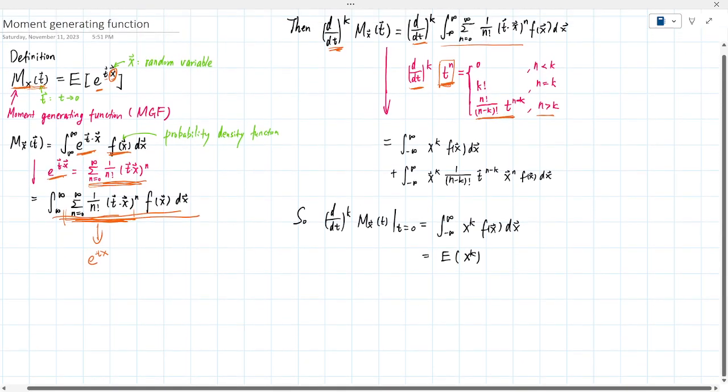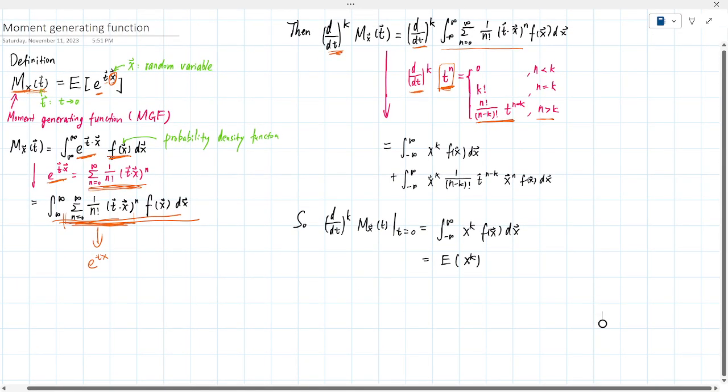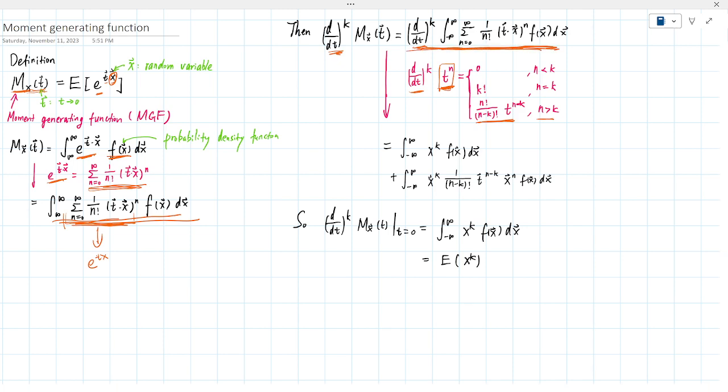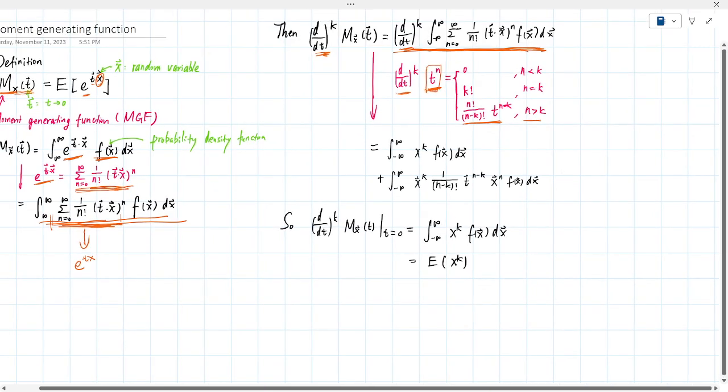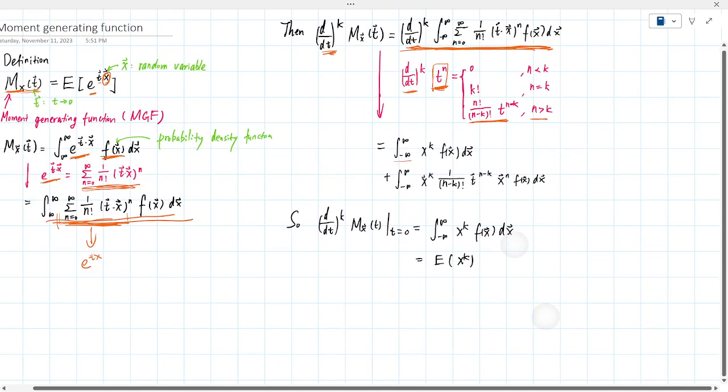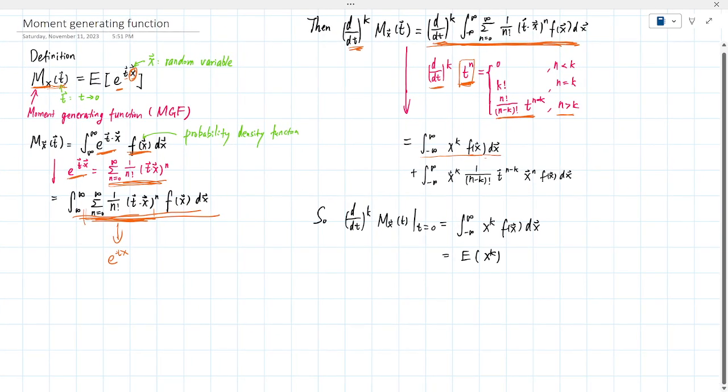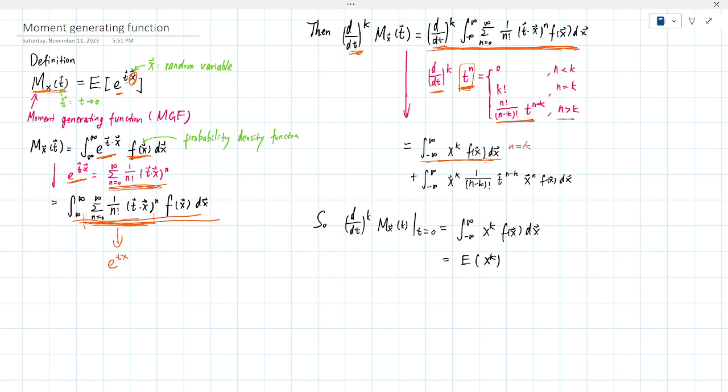So we ended up dividing this into 3 different scenarios. We have n less than k, this one, which is n equals k, and this is n greater than k.